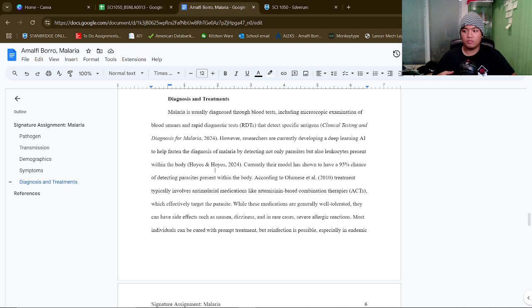The amount of leukocytes can help detect how apparent malaria is in a body. Another way of diagnosis is through blood tests, either blood smears or a rapid diagnostic test that detects an antigen.